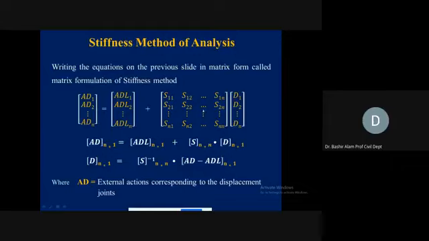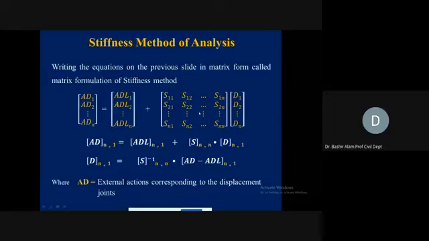It is always going to be a square matrix, positive definite, and symmetric. It means S21 will be equal to S12, S1n equal to Sn1, S2n equal to Sn2, and so on. And D is always going to be a column vector, again n cross 1, so we will have n rows and 1 column.